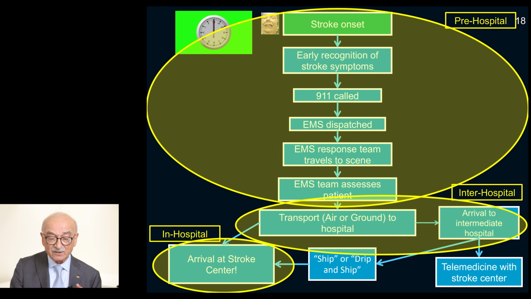If we continue with this cascade of events and look at what can go wrong, one can divide the time of treatment. The clock starts clicking from the onset of symptoms, in the case of Mrs. Katya at 12 noon. And one can divide the different stages that the patient goes through in acute ischemic stroke.